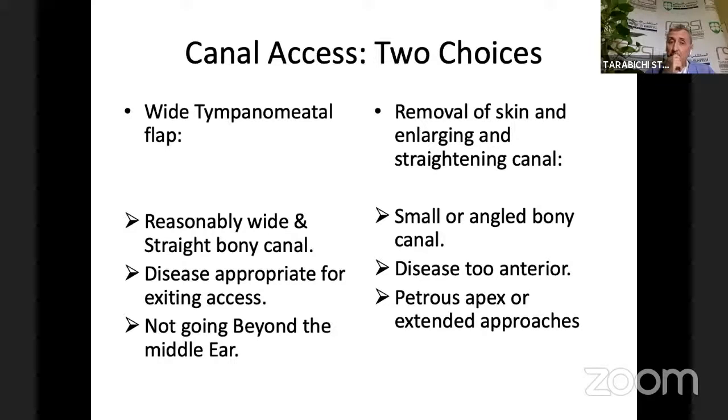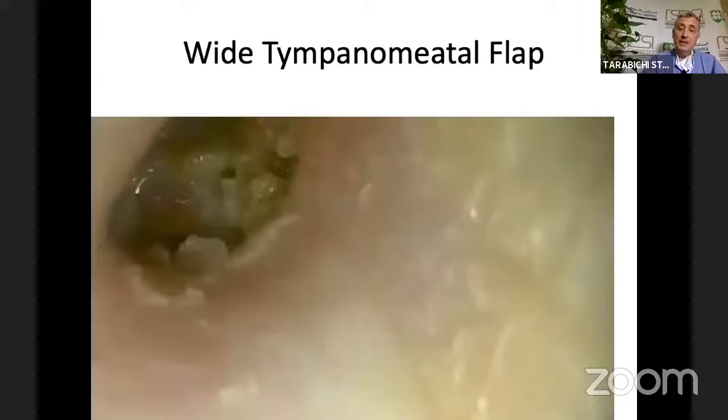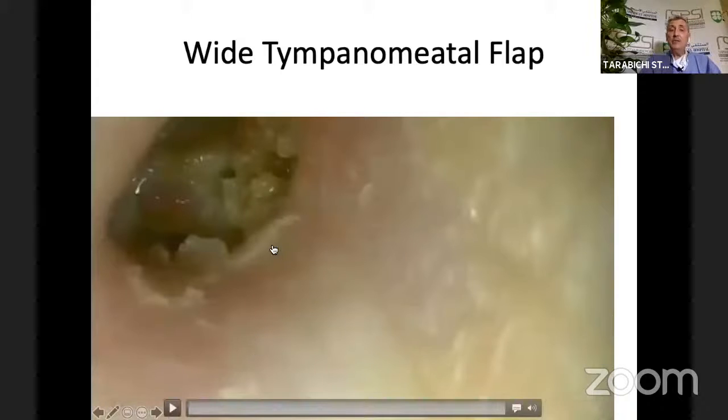The other one is almost like a Sheehy's lateral graft technique, where you preserve the vascular strip, remove the skin of the ear canal along with the epithelial layer of the tympanic membrane, take them out as a free graft, and reposition them at the end. After you take out the skin, you could do some bone removal, drilling, enlarging, canalplasty to improve your access. This is a point that was mentioned yesterday by Anil.